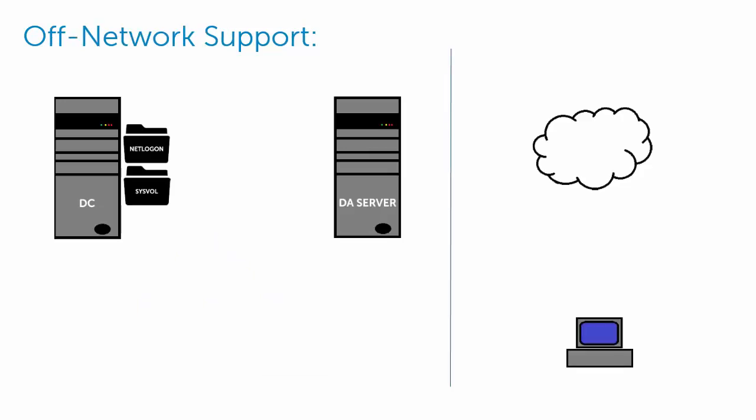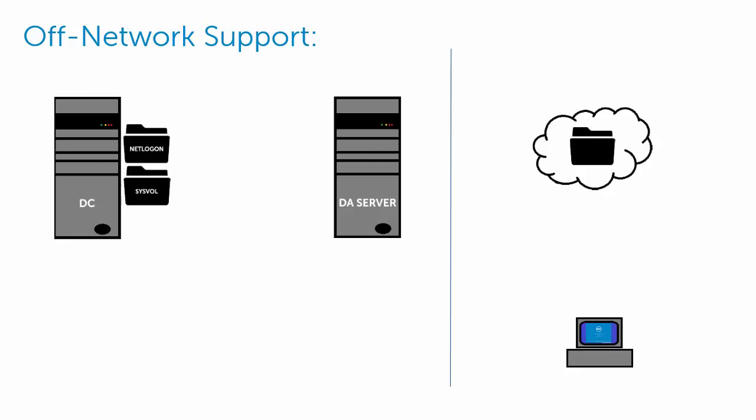When adding off-network support, an additional replication target is added. And when the files are replicated, they now go to cloud storage in addition to the normal on-site replication targets. The files are then pulled down to the user's machine, and the configuration is run from the local machine.